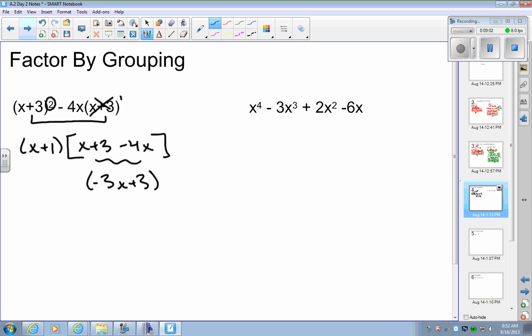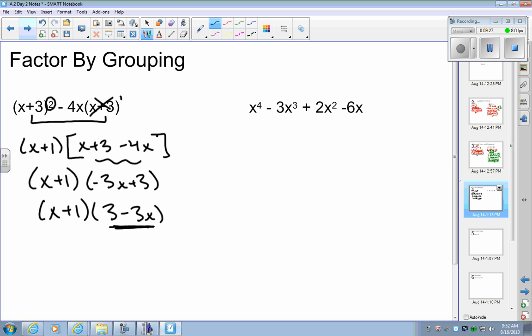Okay, so the way you would write this, bring down the x plus 1, simplify everything in your bracket. You may see it in the book with the positive terms first. So we'll do 3 minus 3x here. And you got an x plus 1. Now, this is an example I just kind of made up off the top of my head.